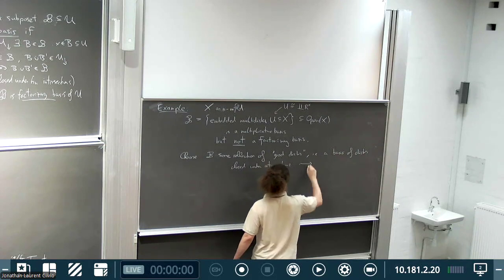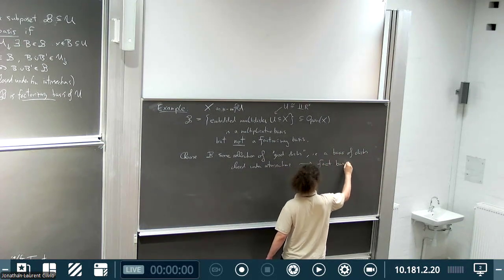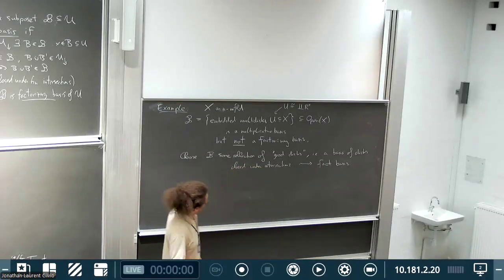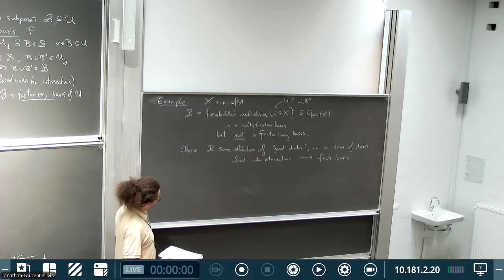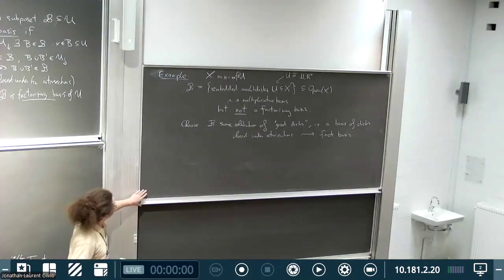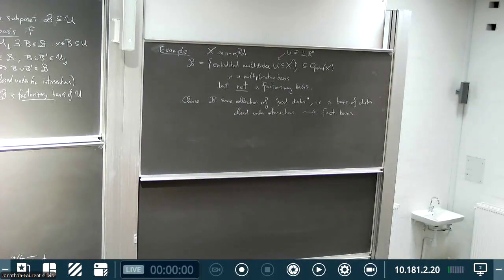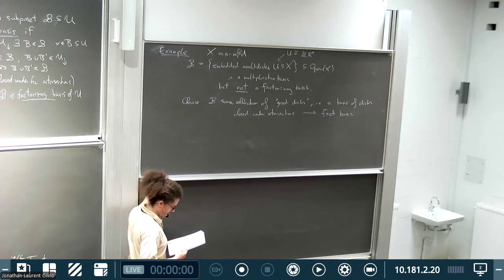And then if you can do this, you will get a factorizing basis. And for ordinary manifolds, this always exists. And I will say a little bit more about this later. Yeah, but this is really the prototypical example you should keep in mind for all of what I'm going to say next. This is really the mother of all factorizing bases.